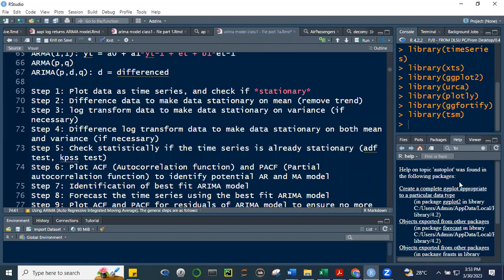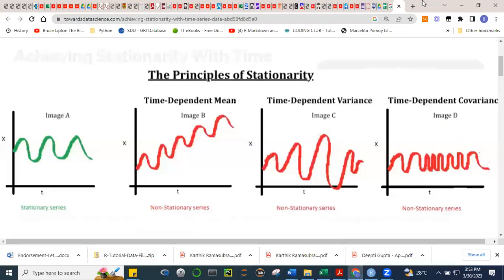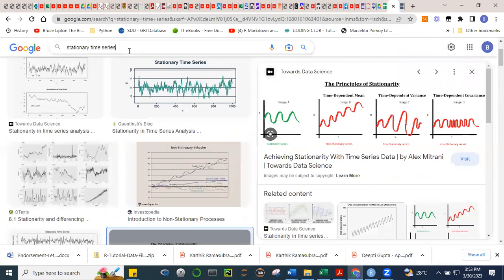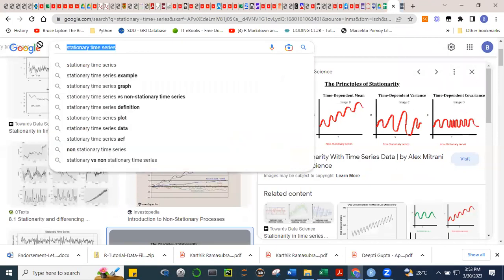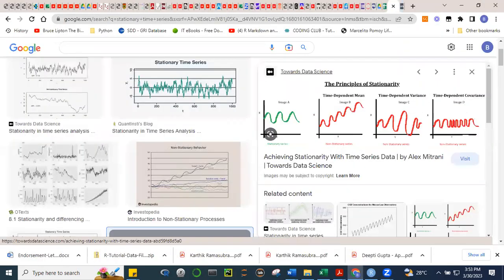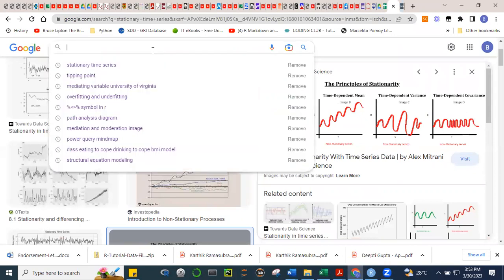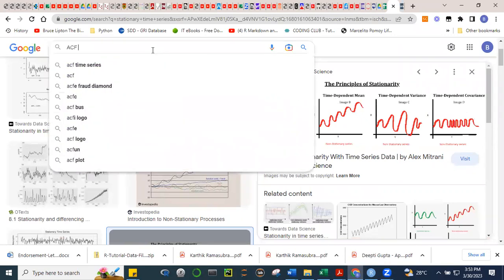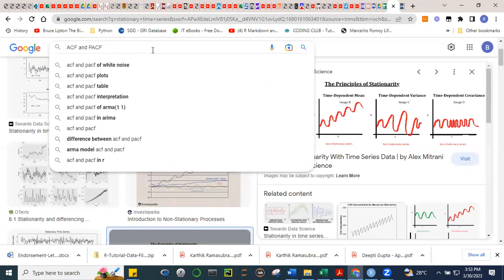Okay, let's take a look at an example. Let's see, ACF and PACF plots. Take a look at this.